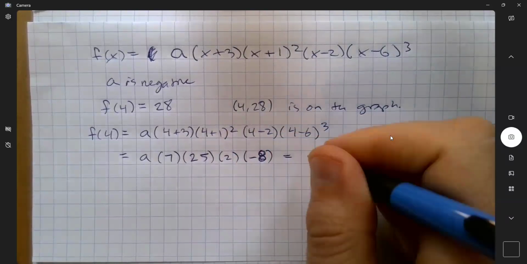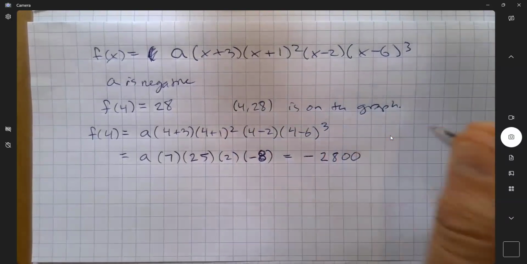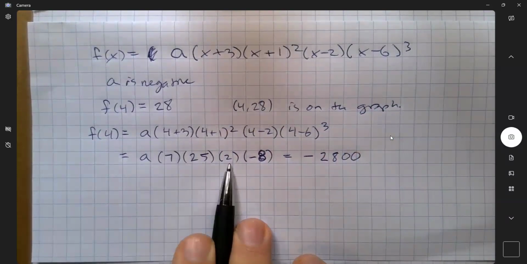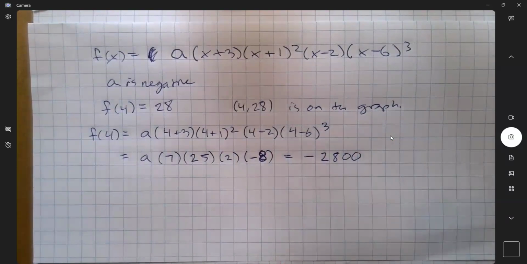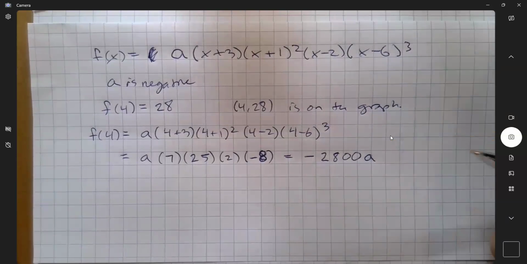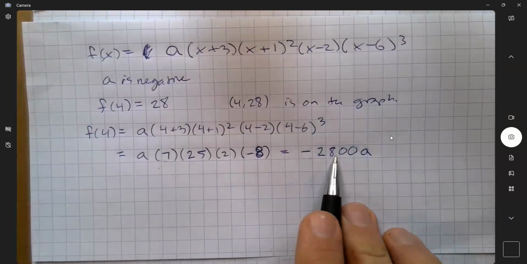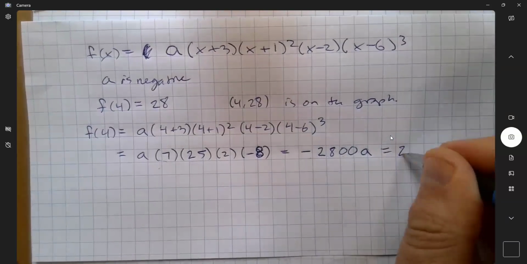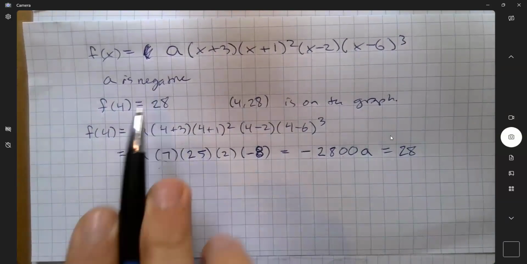And what I end up getting is negative 2,800 times a. 7 times 25 times 2 times negative 8 is negative 2,800 times a, and that has to equal 28 because that's what the output needs to be.